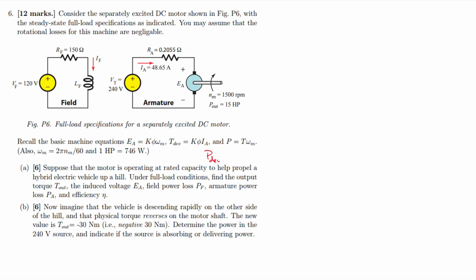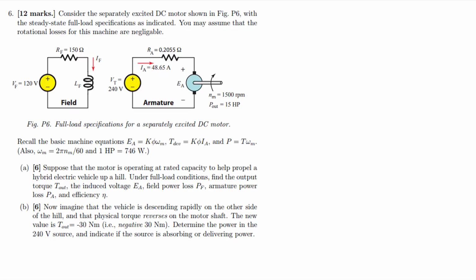P developed is equal to the armature voltage times the armature current. You should definitely memorize that because it's very useful to know on its own. You can develop it from the other machine equations, but it's good to know. So then let's consider the first question.